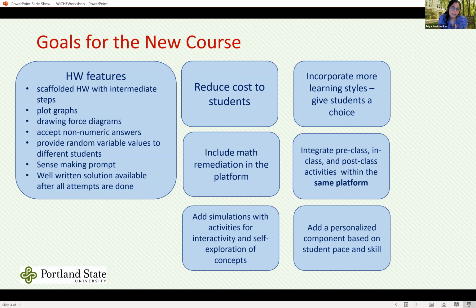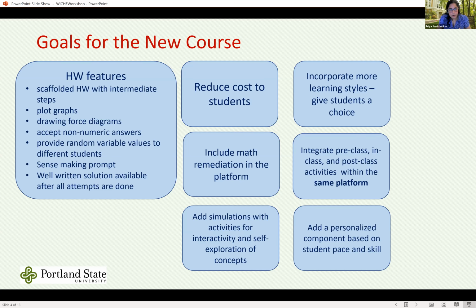So the main thing was to reduce cost to students. In the past, I've used different software to accomplish different things, like pre-lecture software and homework software and clickers for polling.